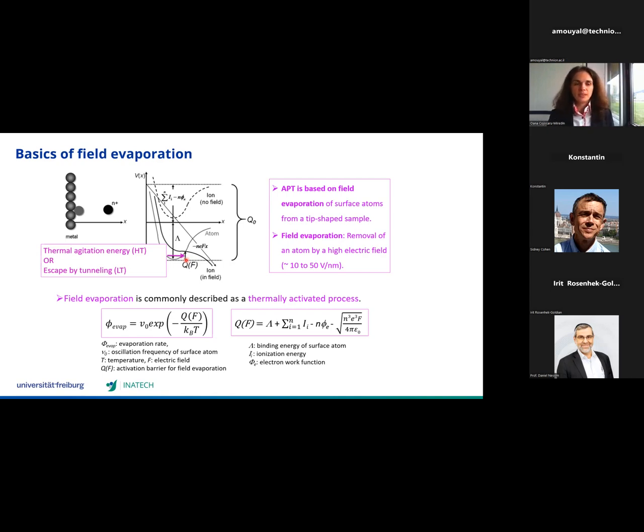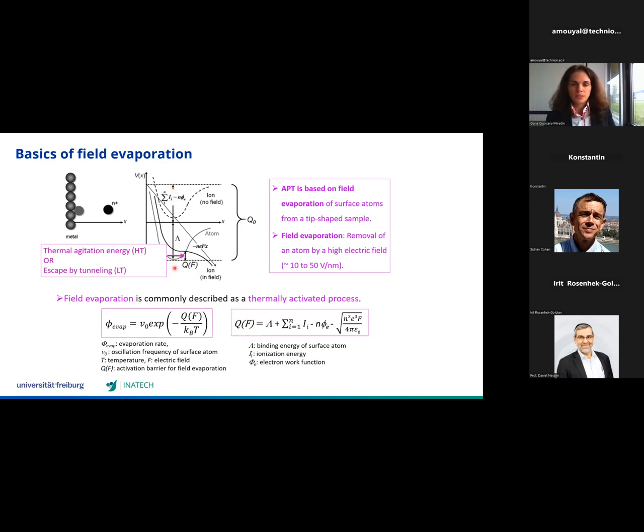We can say that the field evaporation is commonly described as a thermally activated process, and that the evaporation rate is strongly dependent on the activation barrier for field evaporation. And we can now define the evaporation barrier for field evaporation from this potential diagram.